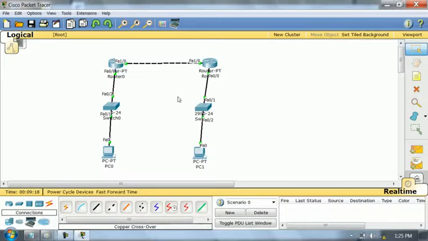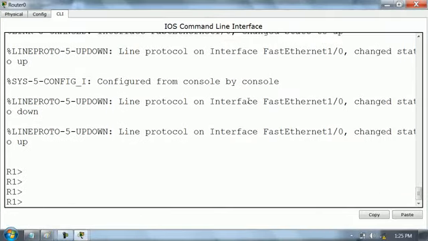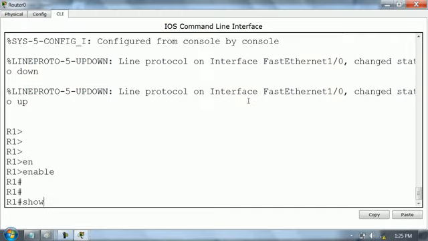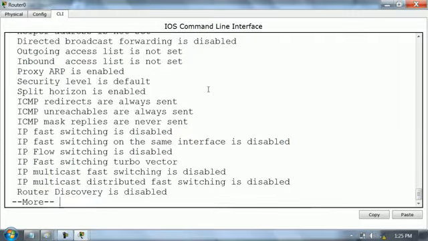So, first thing, how to check that on an interface proxy ARP is enabled or not? Anyone? Show IP interface. Proxy ARP is enabled by default. Any problem?